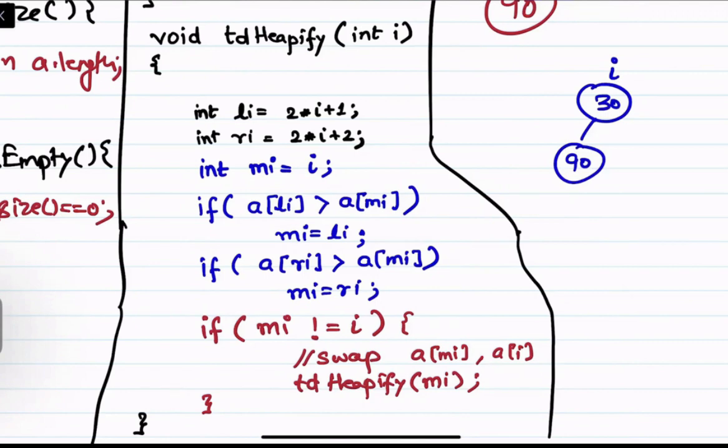If imagine this is just two nodes, do we have a right child for I? No. That means here, in this line that I'm performing, if imagine this is index 0, this is 1, and this is 2, then what will happen in this line? If I try to compare A of 2 with A of 0, what will happen?